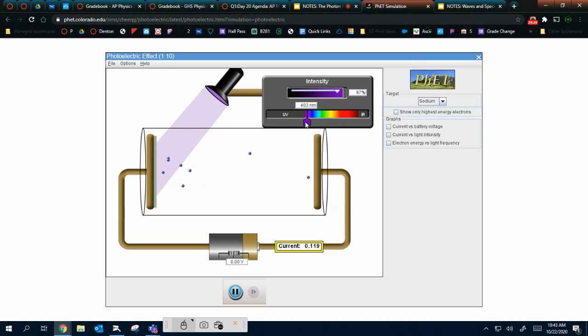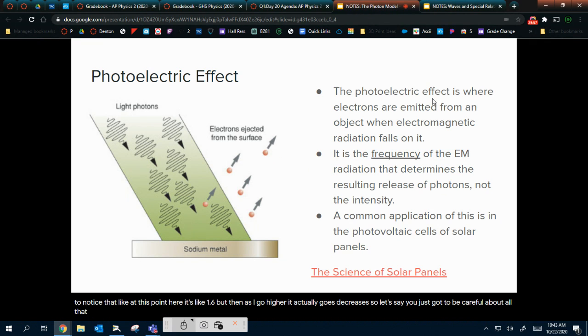But if I go to the right frequency, now it says I'm getting like 1.2 amps of current. But you need to notice that at this point here, it's like 1.6. But then as I go higher, it decreases. So, like I said, you just got to be careful about all that. And I believe that's it.